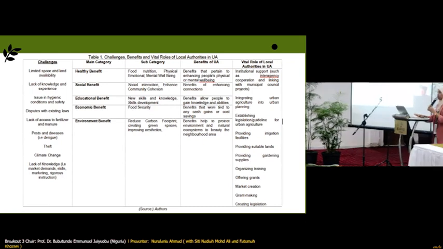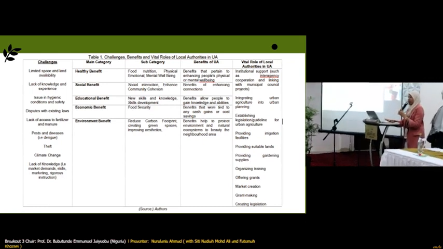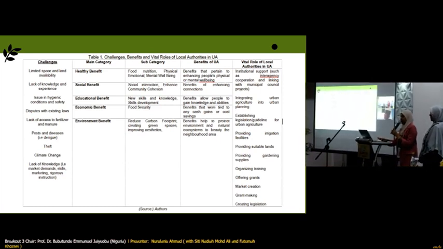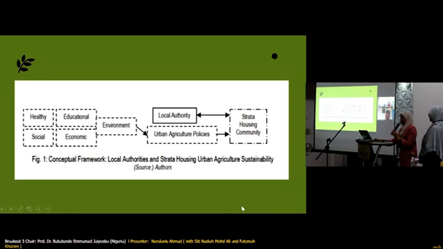They can integrate urban agriculture into urban planning, establish legislation, guidelines or bylaws especially on urban agriculture, provide irrigation facilities, suitable land, and gardening supplies, organize training for the public or the occupants of strata schemes housing, offer grants, and create markets.